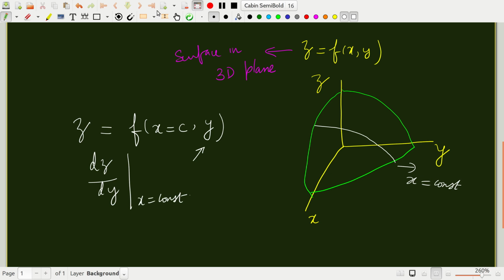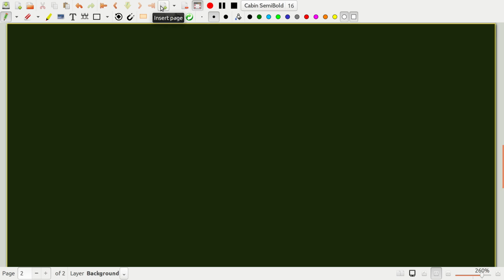Now in reality we cannot just assume this derivative to be a usual derivative, because we are obtaining it by keeping x, one of the independent variables, constant. Such a derivative is called a partial derivative of z.